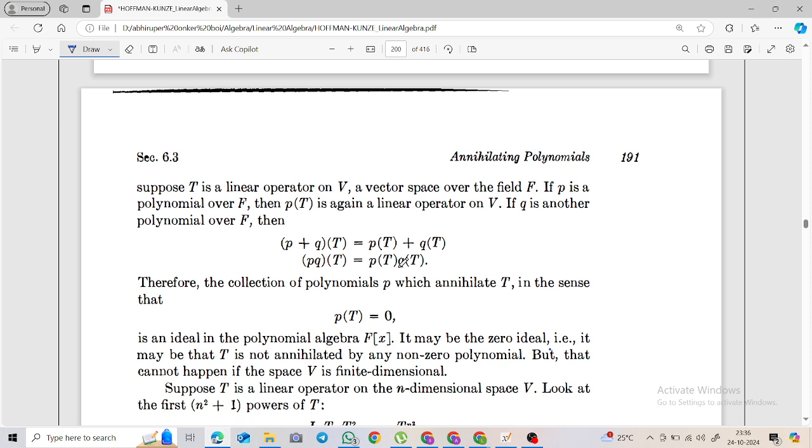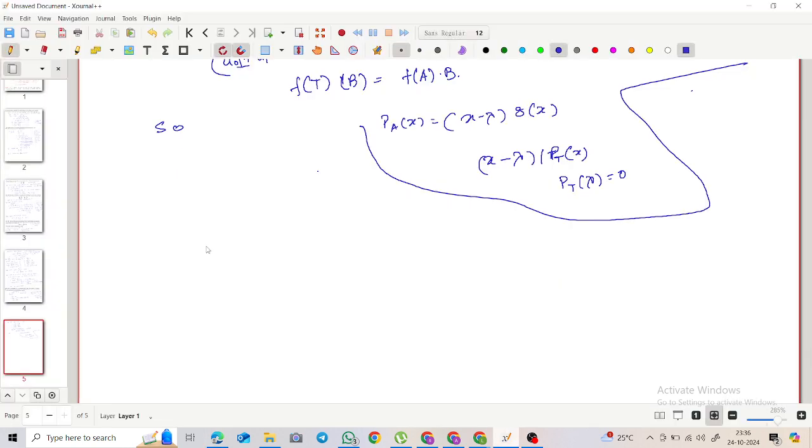Let's see what they are doing. Use another polynomial. Yeah, they are actually making this an ideal. Okay, so V is a vector space over K, right?